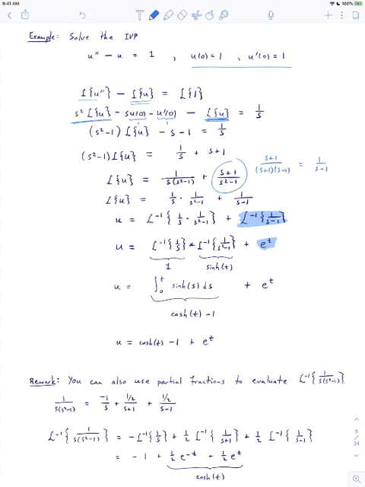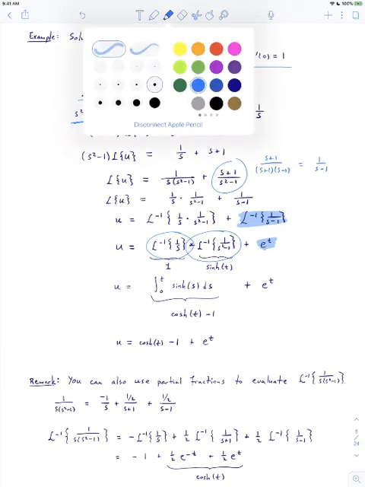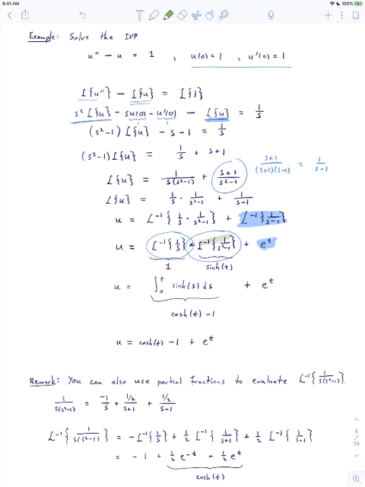So it's the inverse Laplace transform of 1 over s convolved with the inverse Laplace transform of 1 over s squared minus 1. And each one of those we know. The inverse Laplace transform of 1 over s is 1, and the inverse Laplace transform of 1 over s squared minus 1 is, I think I said sine, but I mean hyperbolic sine of t.